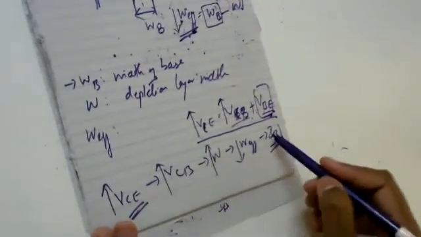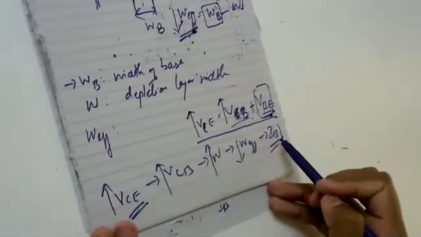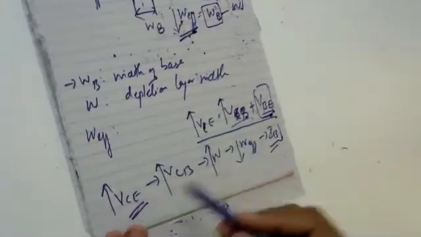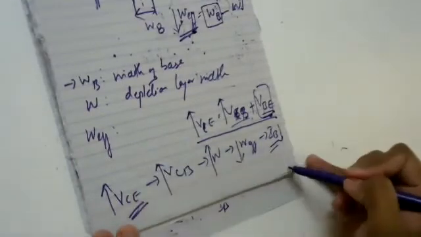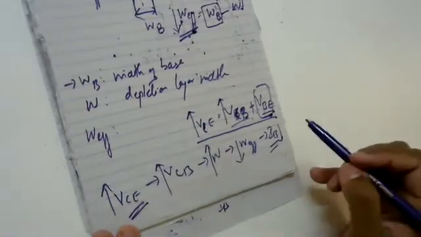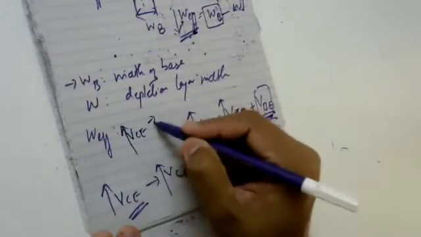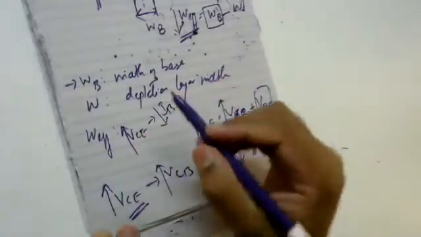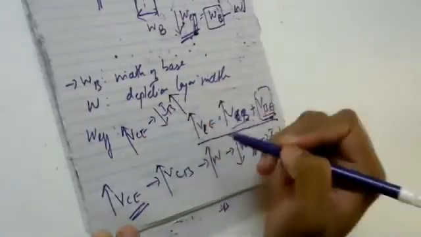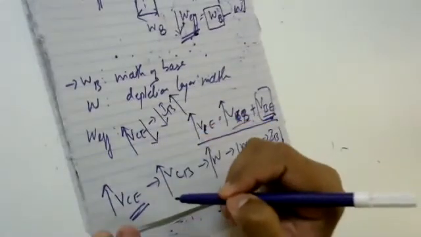It's a chain where cause and effect is more important to me. In short, I can say that an increase in the value of VCE decreases IB. On the other side, if I increase the value of IB, then my VCE has to decrease.